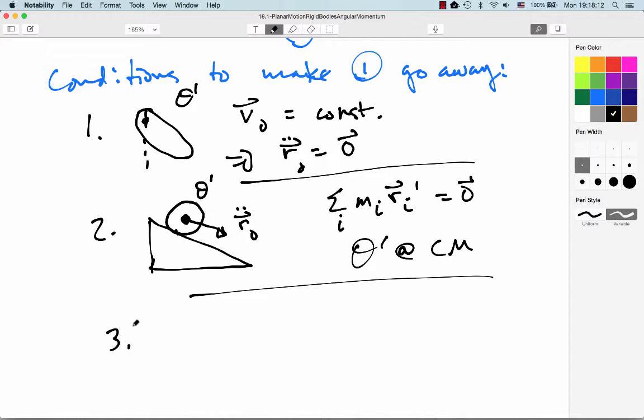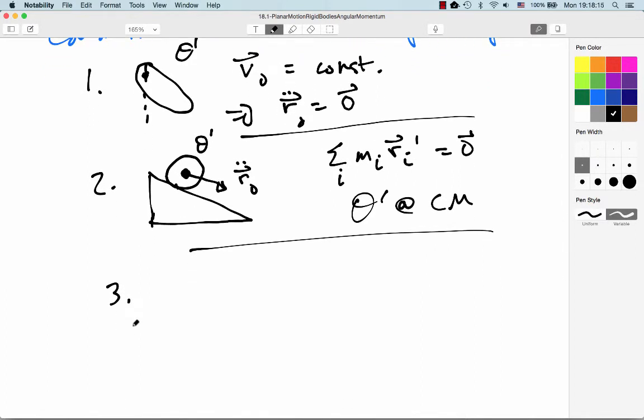Then finally, possibility number 3. We looked at it a little bit when analyzing rolling without slipping down an inclined plane, say. So here, what you do is you stick your axis, say, right here. There's your center of mass right there. Then let's say we're looking at something where this whole thing is just up and moving. If we are clever enough about it, we can have it accelerating through the center of mass.